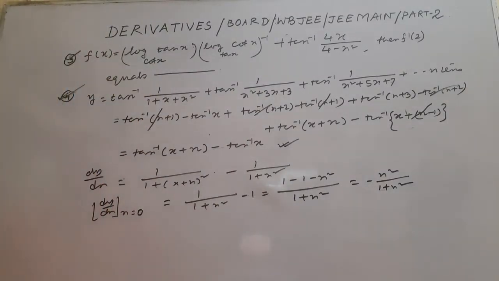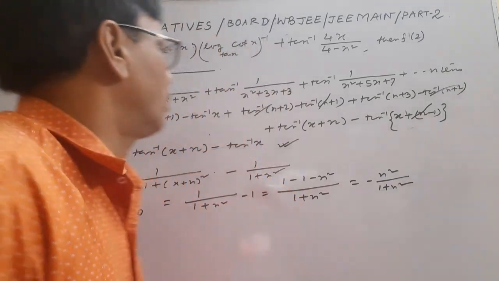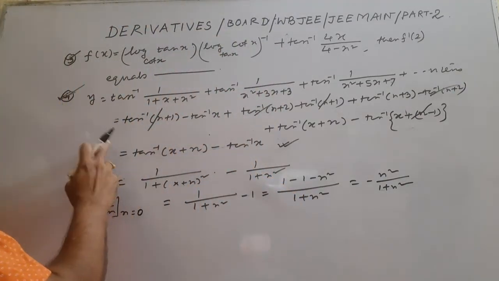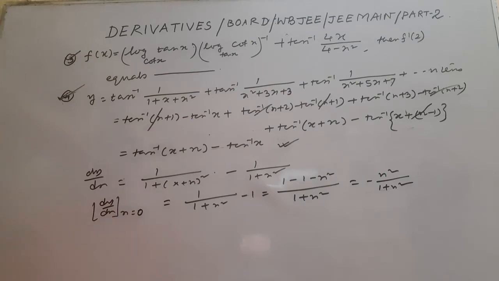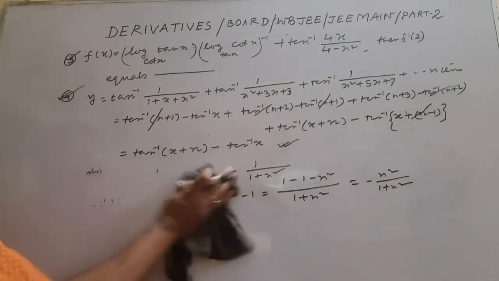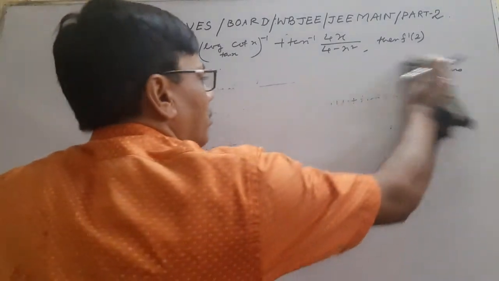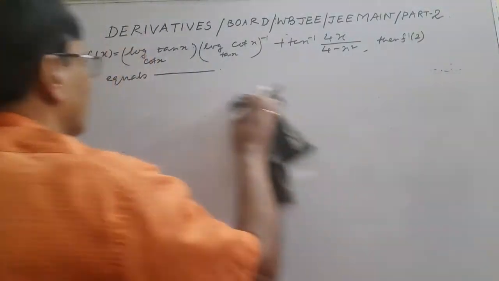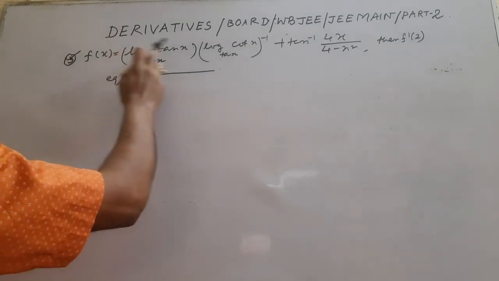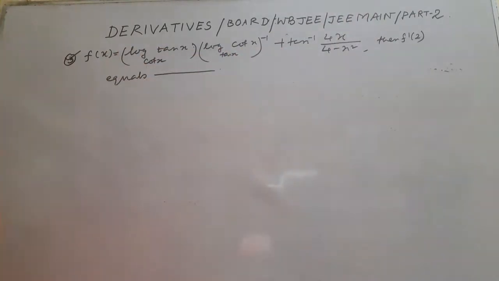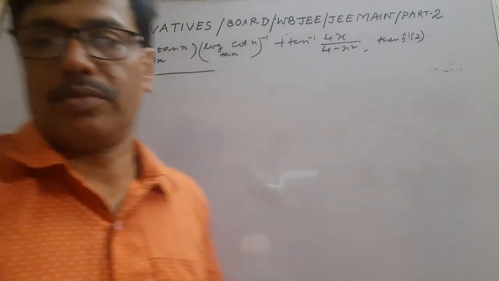You have already solved this problem in terms of y infinity. Next, problem number 3. y equals to f(x) equals to this, find f dash 2.